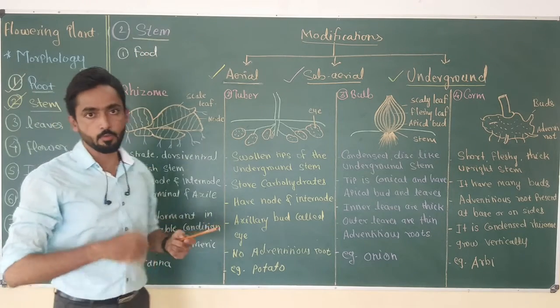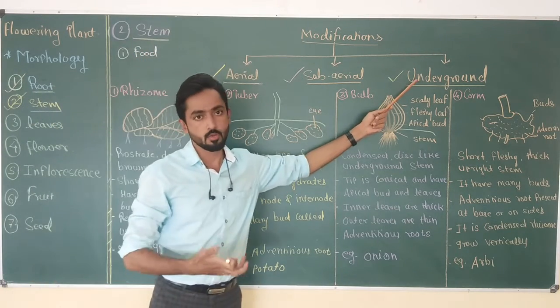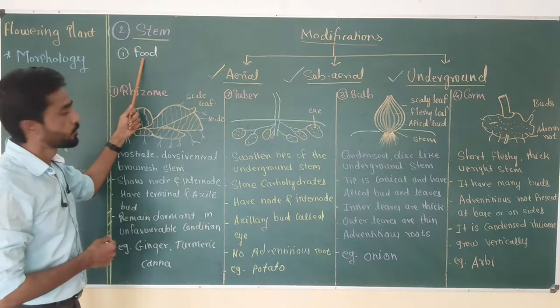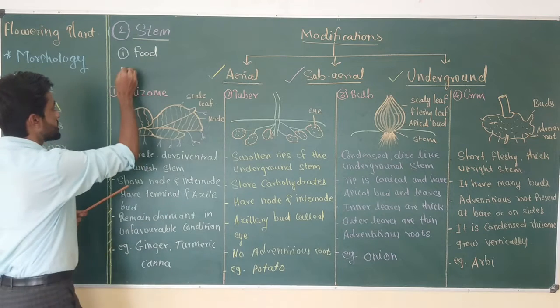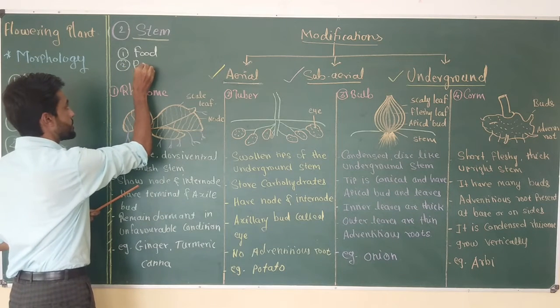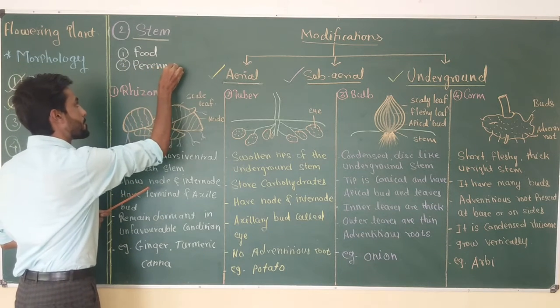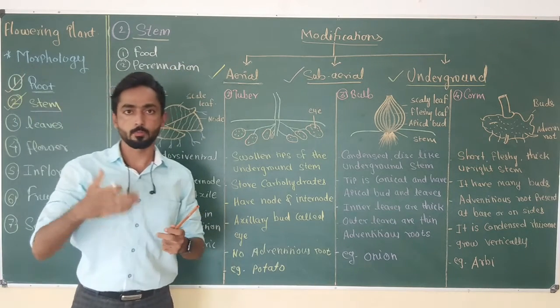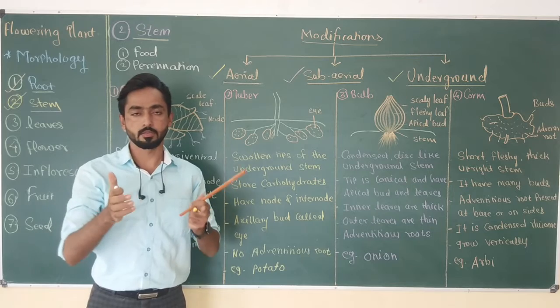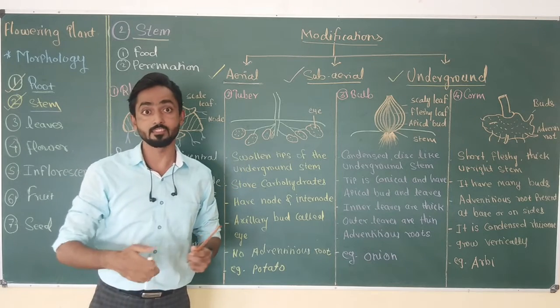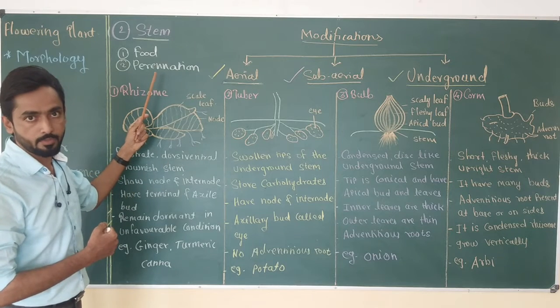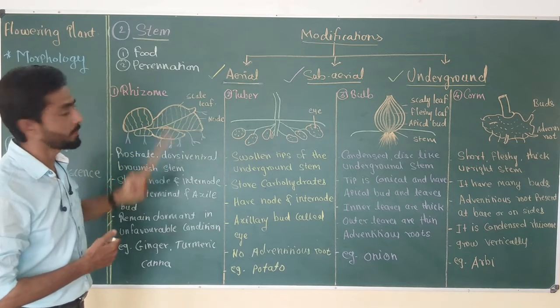So when the stem gets modified underground, the first and most important function the stem performs is food storage, while the second function is that the stem helps in perennation. That means the stem helps the plant to grow from one season to another season. That means season to season growth of the plant is facilitated by the underground stem. Okay, and the concept is known as perennation.